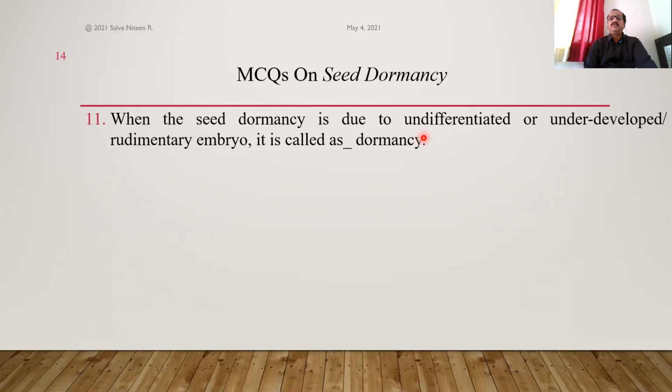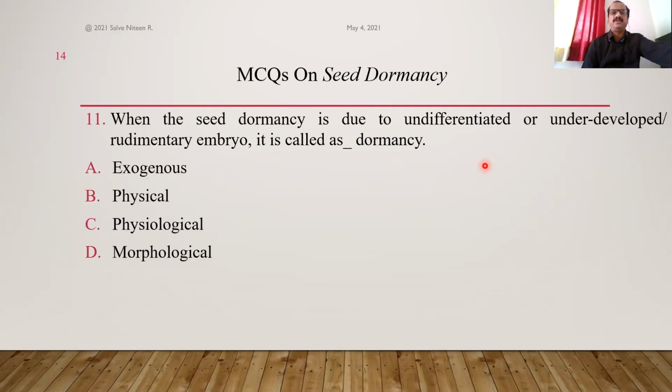When the seed dormancy is due to undifferentiated or undeveloped, rudimentary embryo, then it is called what type of dormancy? Okay, of course, this is endogenous type of dormancy because it is regarding the factors or condition of the embryo. And here the embryo is undifferentiated. It is not differentiated at the time when the seed is shed from the mother plant.